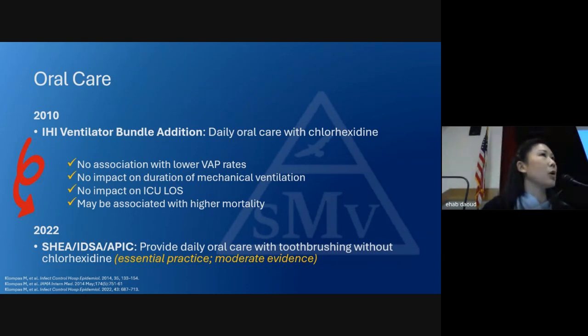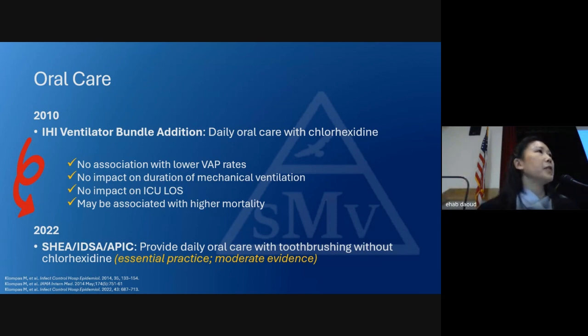So for those undergoing cardiac surgery, it still might be a good recommendation, until literature proves it wrong, to keep using the CHG or chlorhexidine oral care for those types of patients. Why they looked at the two separate populations, I don't really understand, but it did show an association with higher mortality.